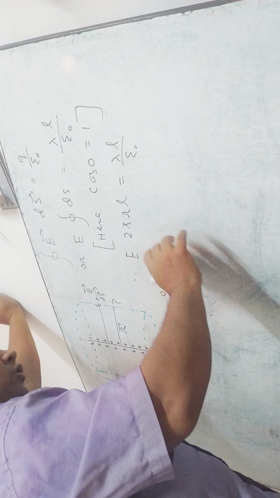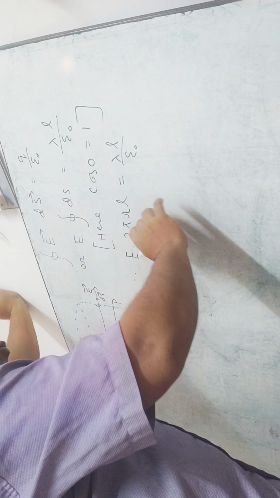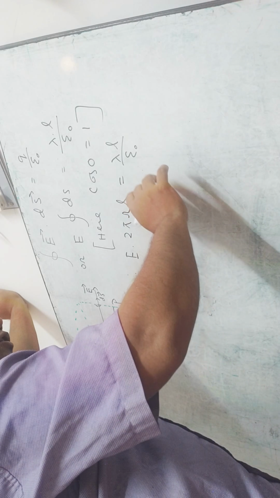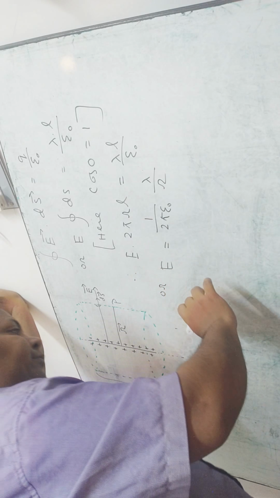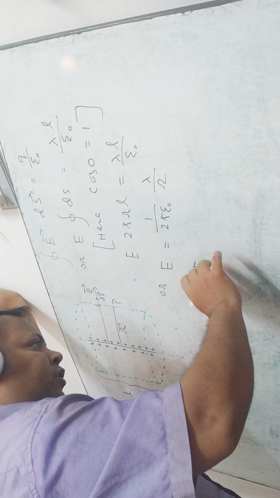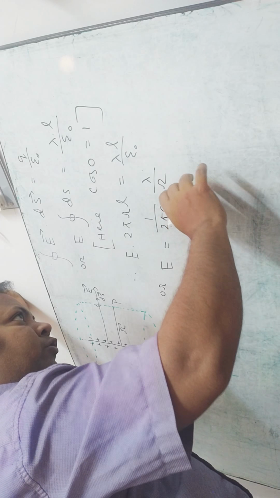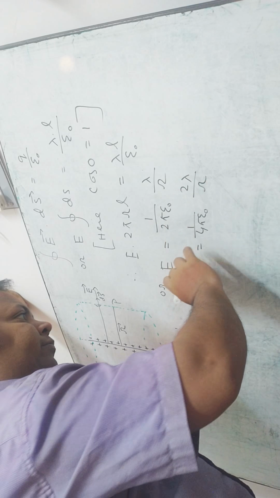Or E is equal to 1 by 2 pi epsilon 0 lambda by R, or E is equal to 1 by 4 pi epsilon 0 into 2 lambda by r.